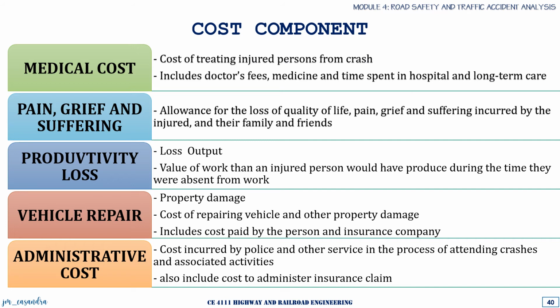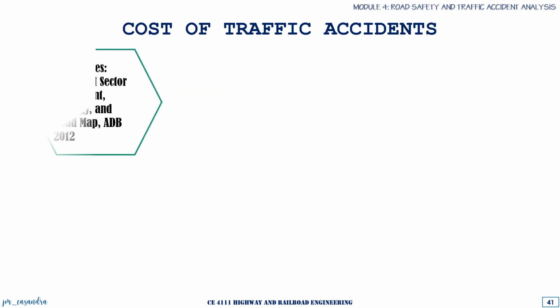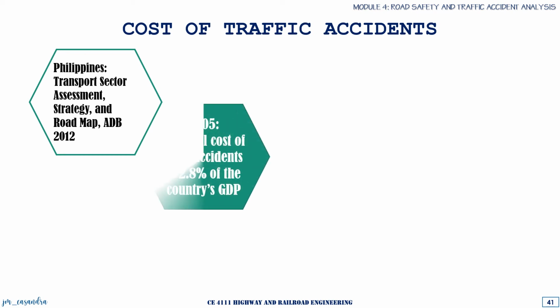Okay? So next, the cost of traffic accidents based on ADB 2012, which wrote the Transport Sector Assessment, Strategy and Roadmap of the Philippines. As of 2005, the national cost of road accidents in the Philippines is 2.8% of the country's GDP.